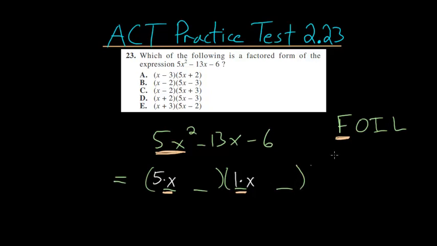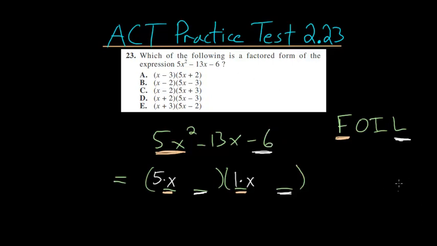And the next part is to look at our last terms in the FOIL method. So the last means that we multiply this term and this term to give us this minus 6. So we need to ask ourselves, what two numbers multiply together to give us negative 6?